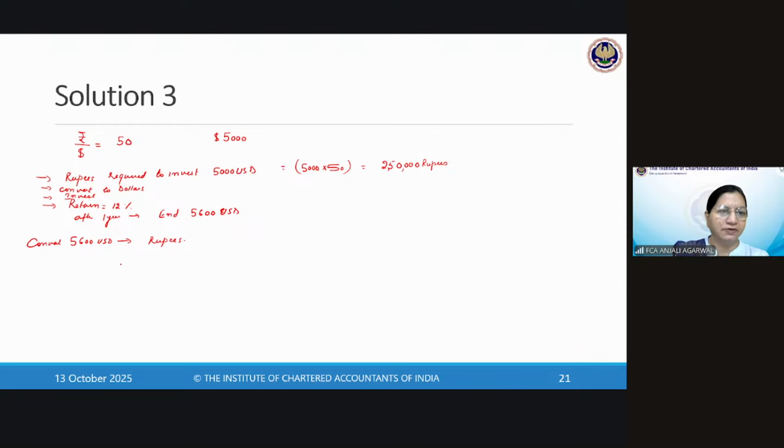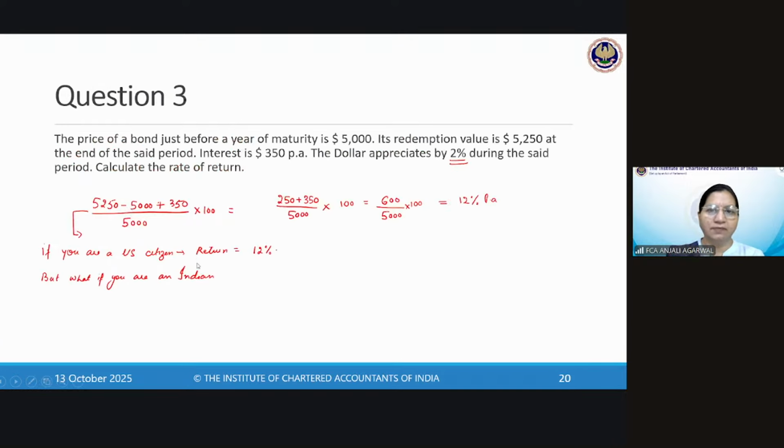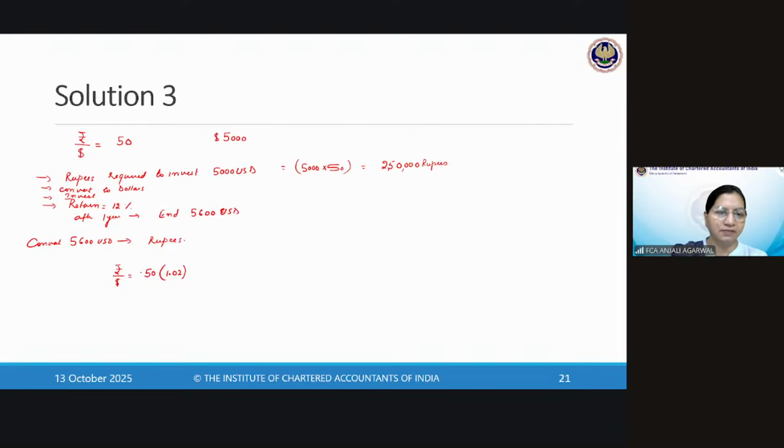What's the exchange rate? Dollar is in the denominator and dollar has appreciated by 2%. So you can simply apply the formula. Dollar appreciates by 2%, so you can simply increase the price of dollar. 50 into 1.02, it will become 51.